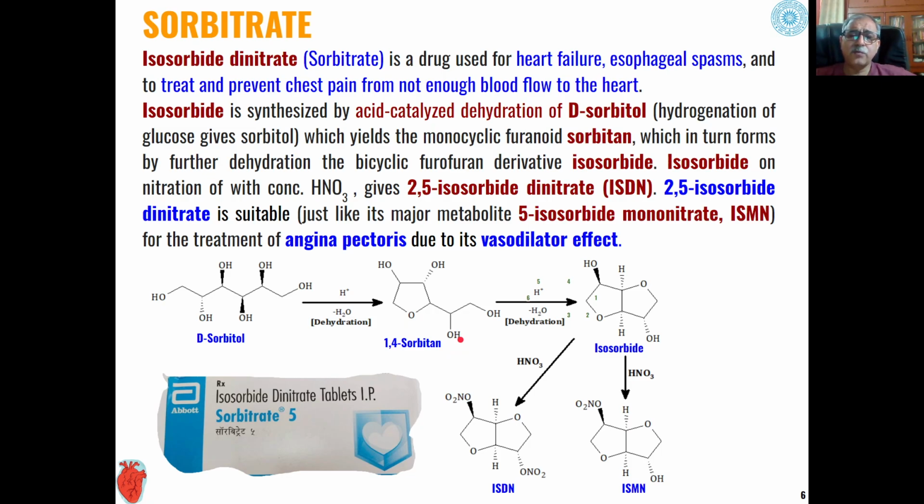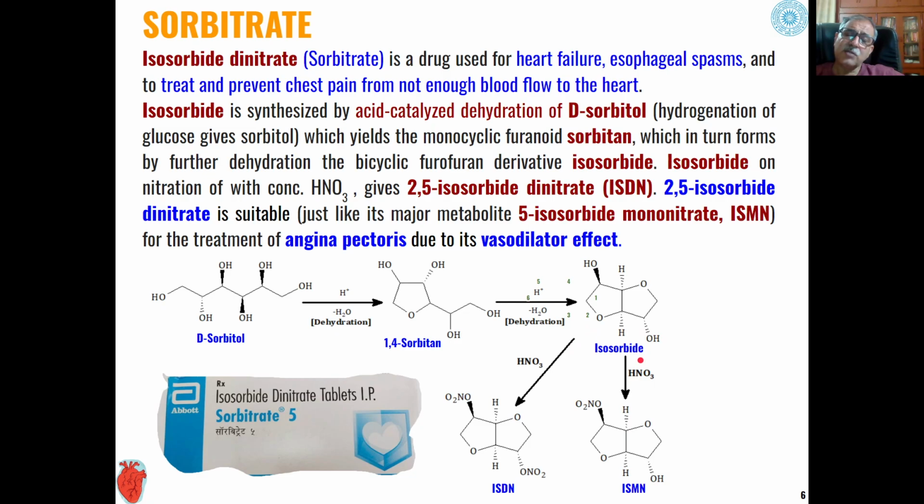This 1,4-sorbitane, when further reacted under acidic conditions, is converted into isosorbide by a double dehydration reaction. First D-sorbitol undergoes one dehydration reaction to 1,4-sorbitane. Then another dehydration reaction leads to the formation of isosorbide.